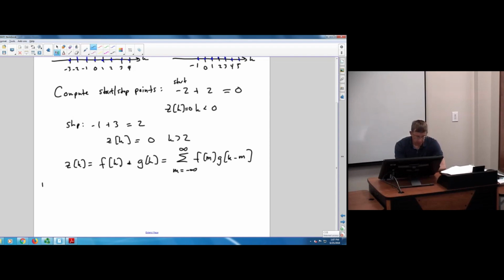We just determined that there's only a few values that we need though, right? One of those is k equals 0. So if I come over here to z of 0, I replace k with 0 here as well. So that's the infinite sum, m equals minus infinity to infinity, f of m, g of 0 minus m.